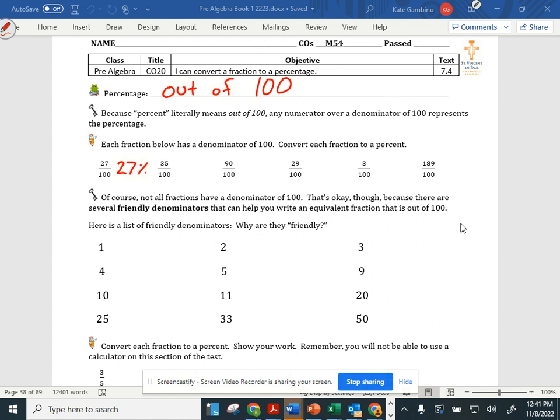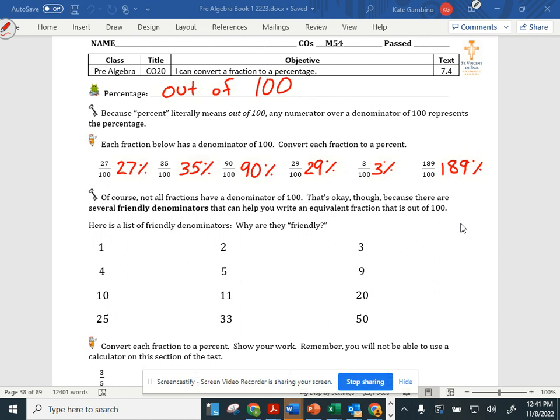35 hundredths would be what percent, Kate? 35%. 90 hundredths is what percent, Aiden? 90%. 29 hundredths is what percent, Chance? 29%. 3 hundredths is what percent, Audrey? 3%. 189 hundredths is what percent, Tatum? 189%.